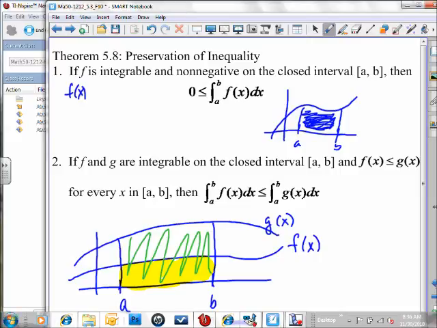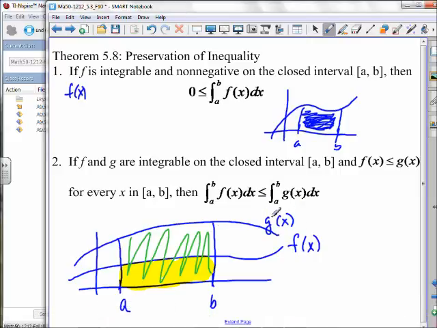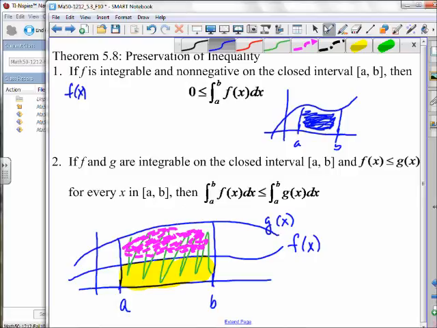Okay, that's it. Now, what happens in section 5.6 is, what if you want to know the area between the curves? Think about it. You already know, probably. You could figure out a way to do that. If I just want this area, and I can determine the integration of f of x, and I can determine the integration of g of x, how could I determine the area between the curves?